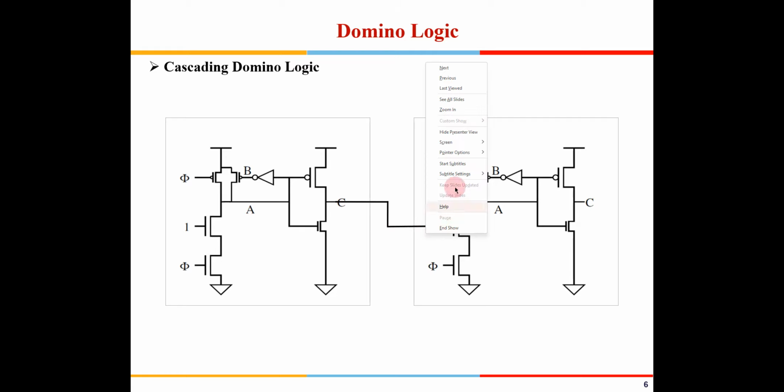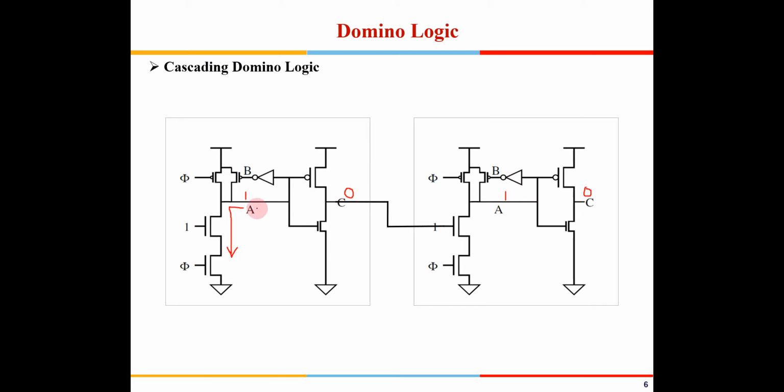Is this okay? Let me explain that to you. During pre-charge, this is pre-charged to 1, this is pre-charged to 0. This is pre-charged to 1, this will be pre-charged to 0. During the evaluation phase, this will slowly come down to 0. Now since it is 0 out here, this will continue to remain 1. So this discharging, even if it is going to take time, doesn't affect this 1 out here.